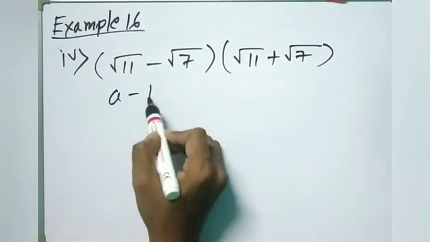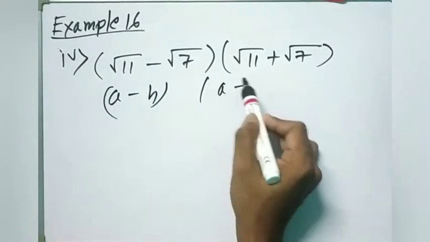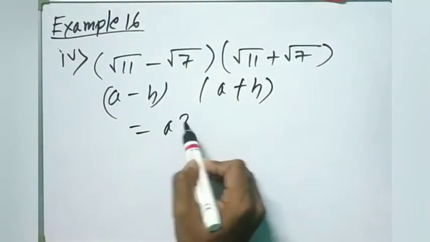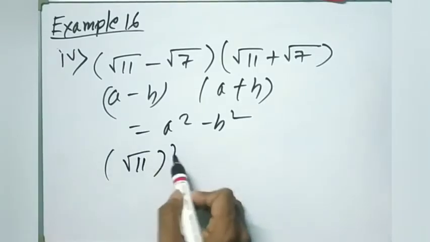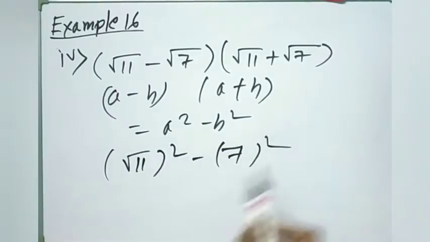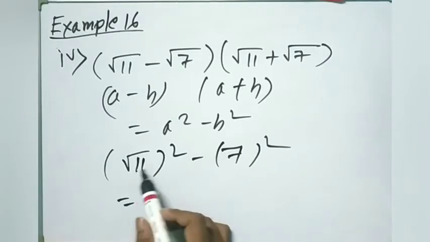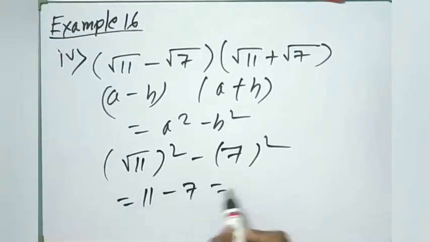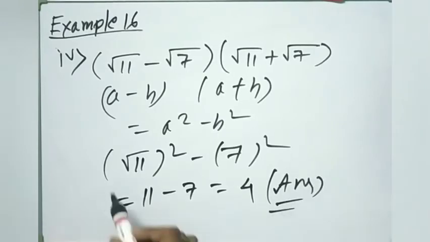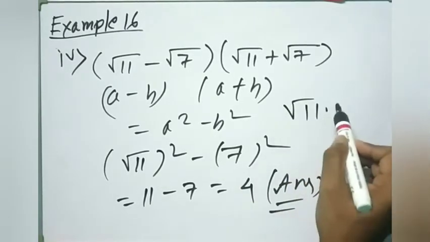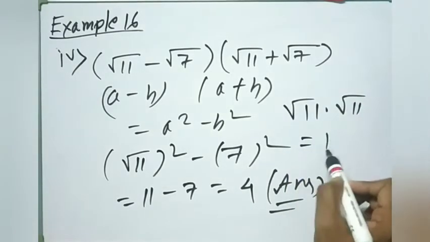Same, a minus b, a plus b equal to a square minus b square, just apply this formula. So root 11 square minus root 7 square, so you will get 11 minus 7, so 4 will be the answer. We know 11 dot root 11 will get 11.